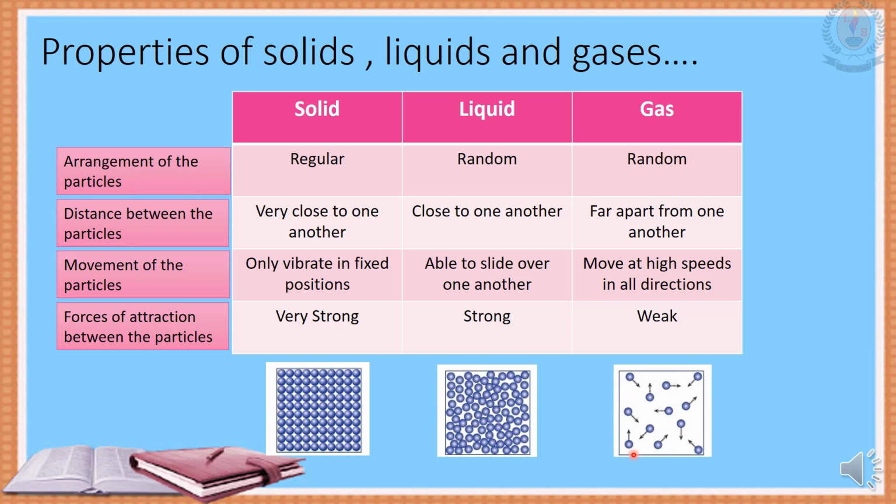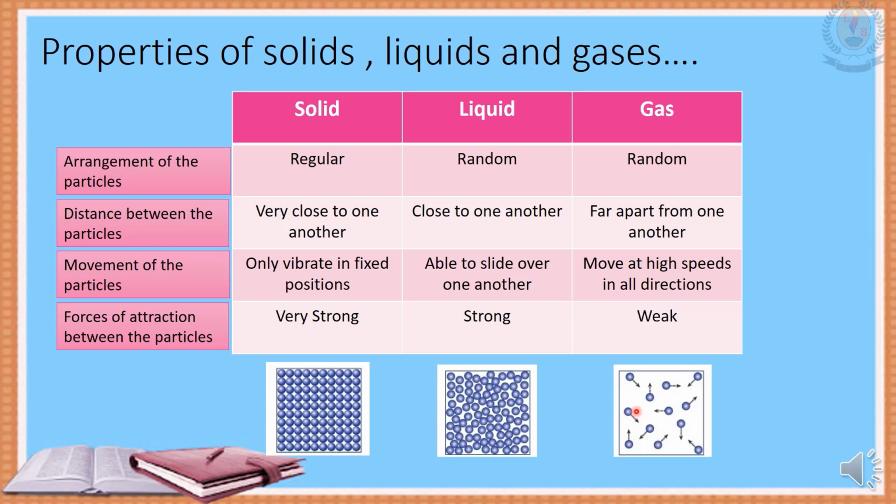But in gas, since the particles are moving very fast here and there randomly, if we consider two particles, in between those two we can't see any strong relationship or attraction. So their attractive forces are very weak.